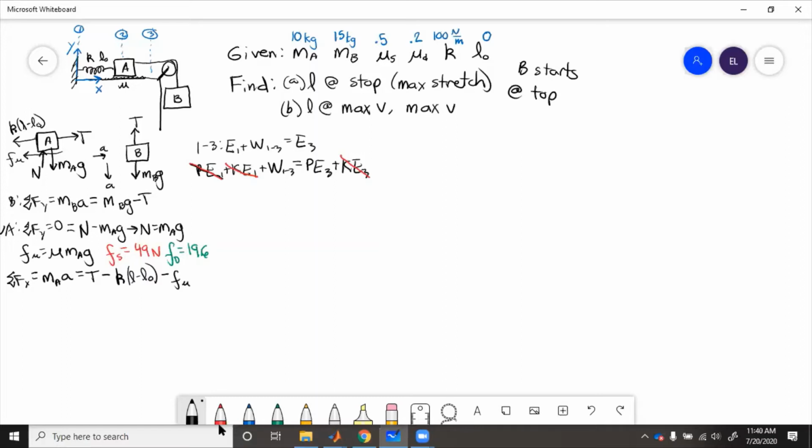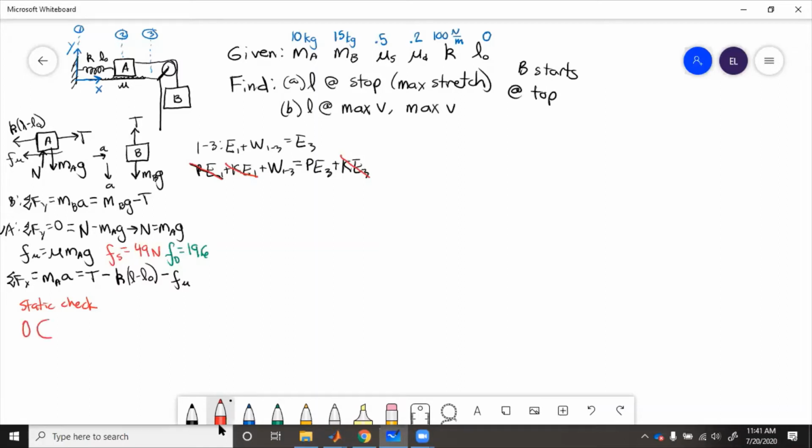Now for the static check, we need to see, is the weight of B big enough to overcome this friction force and make the blocks move? Well, at the very beginning, so to overcome the static friction, acceleration would be 0 and also the spring would not be stretched. So we need to see if the weight is bigger than the friction force.